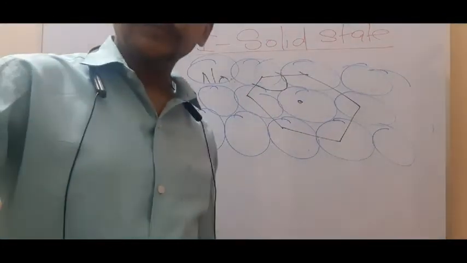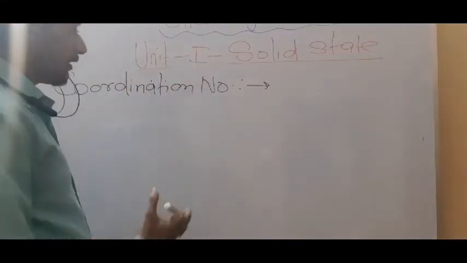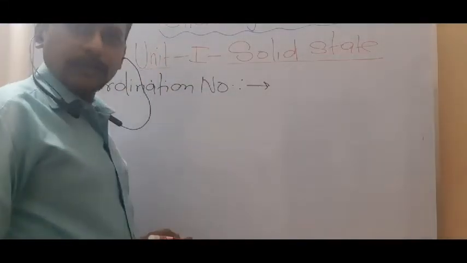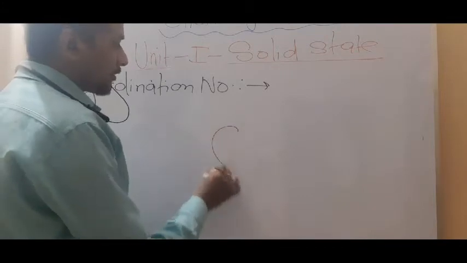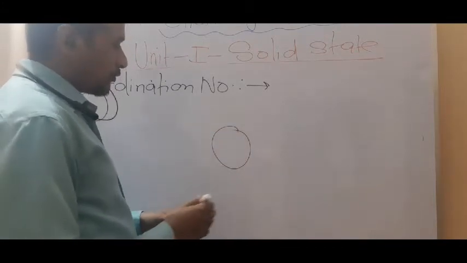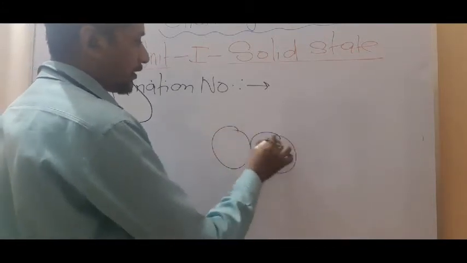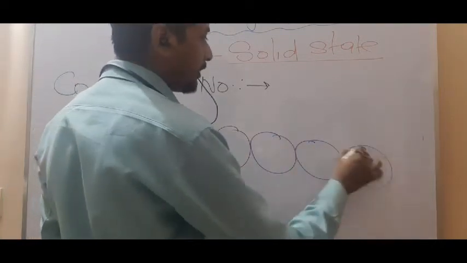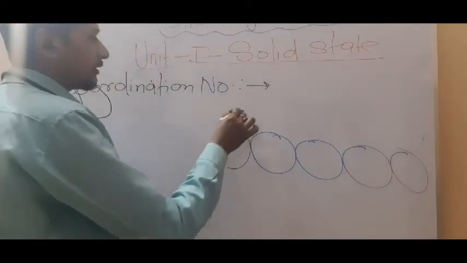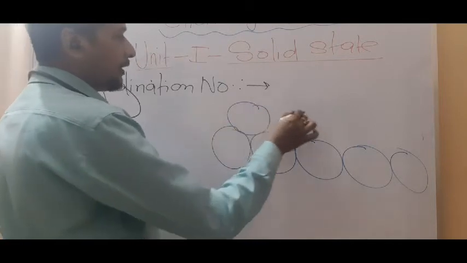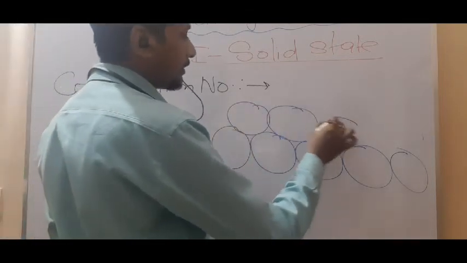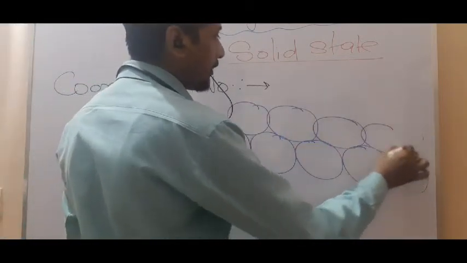Okay, so let us focus on the coordination number in case of 3 dimensions which are found by hexagonal close packing. So look at here, the spheres in case of hexagonal are placed like this. The second layer is placed in the depression of the first layer, as in case of 2 dimensions.